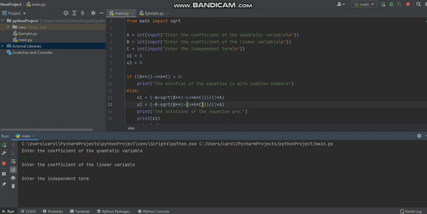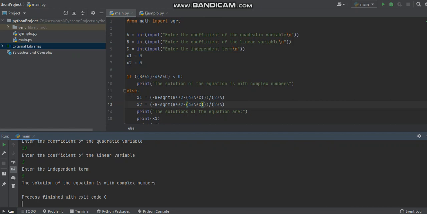Enter the independent term. We will enter 5. The solution of the equation is with complex numbers. Yes? Because when validating, the result of this operation gave us less than 0.